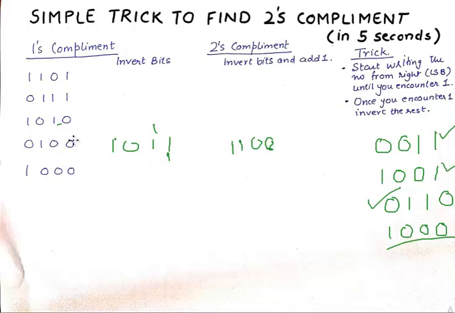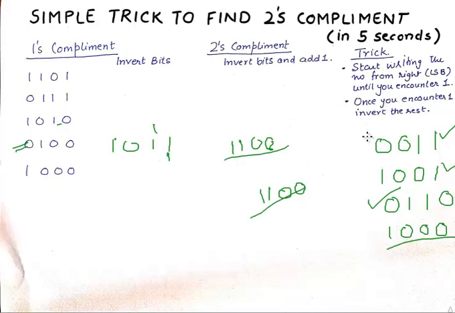So this is the 2's complement of this number. If we were to find the 2's complement directly, we could have just written 0 0. We encountered a 1 here, then we invert the rest of the bits, which was a 0 in this case, so we invert it into 1. This gives me the same result.